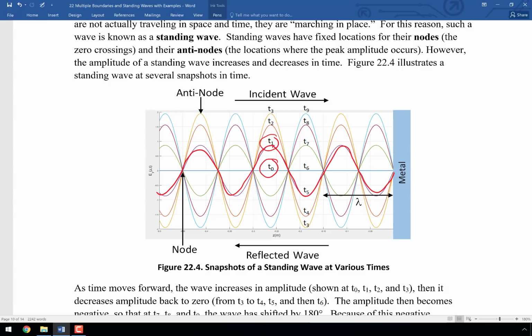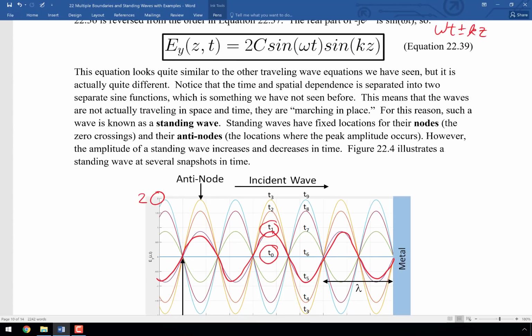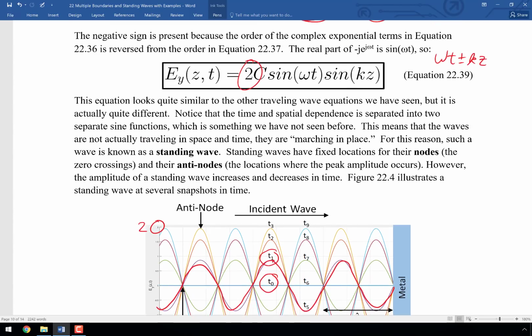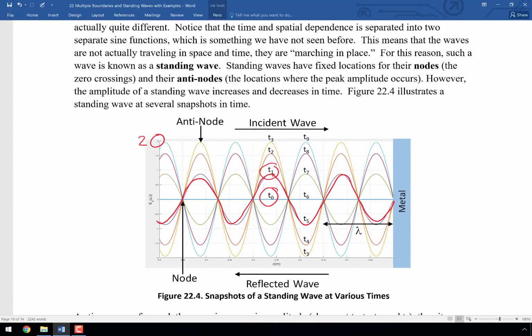At t2, it's going to grow in amplitude. At t3, it'll grow and approach its peak amplitude, which is going to be 2. Notice that this over here is 2. It's not equal to 1 because this 2 right here means that the amplitude of the total wave is double the amplitude of the incident wave.